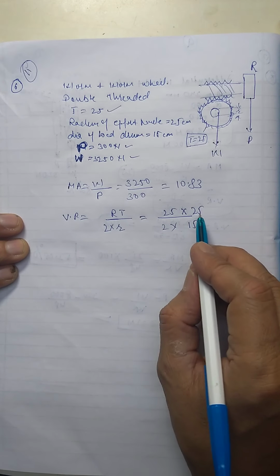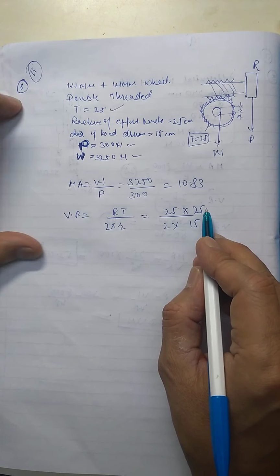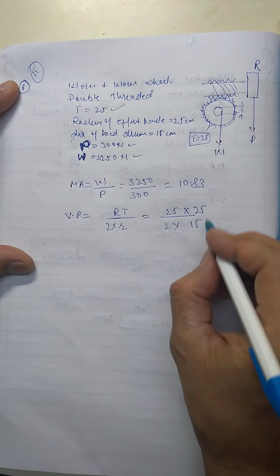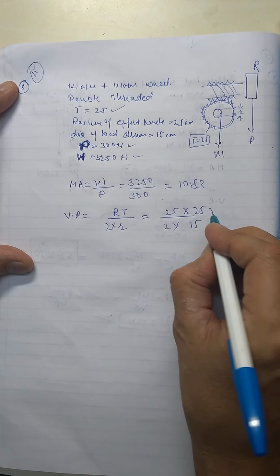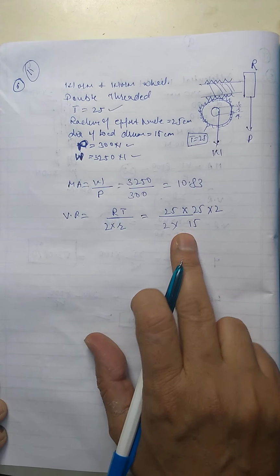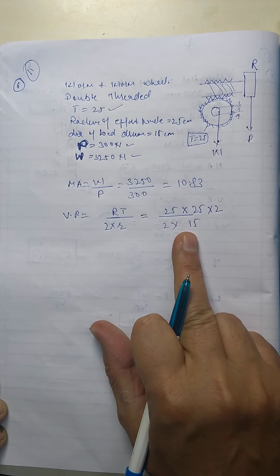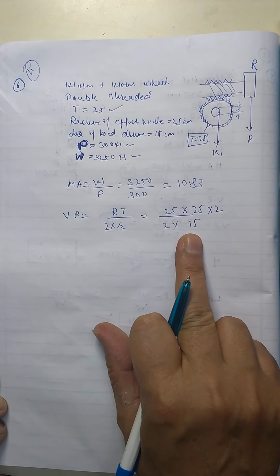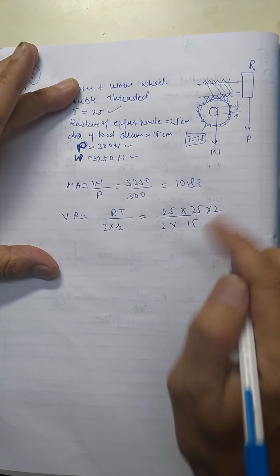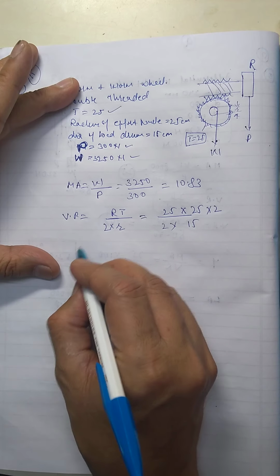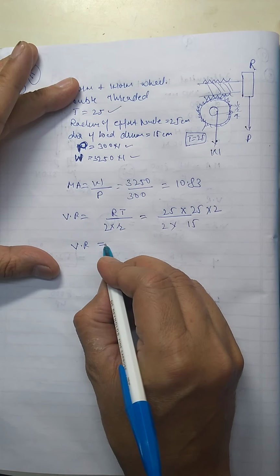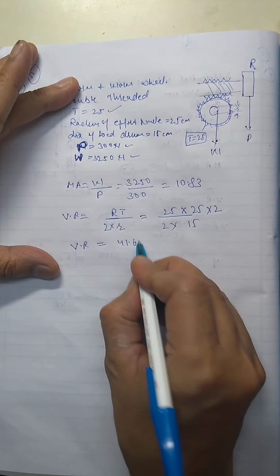Not that you take the diameter of one and the radius of the other. So the radius of the load drum is 15 divided by 2, so 2 comes here in this way. So after putting the values, the velocity ratio comes to be 41.67.